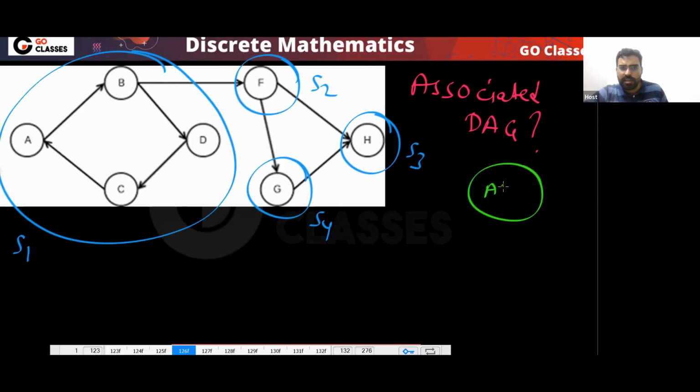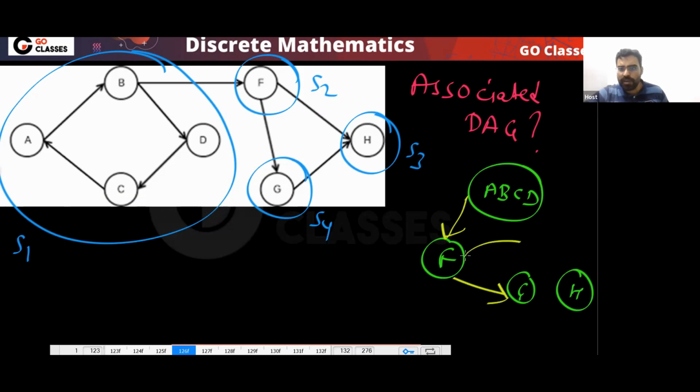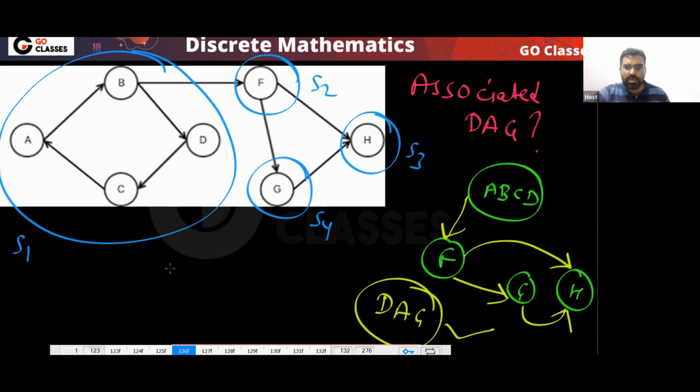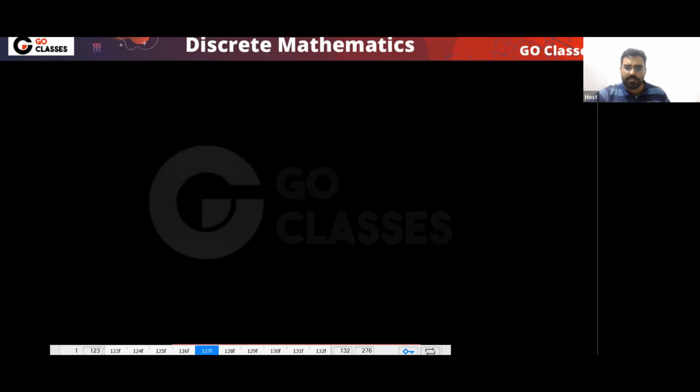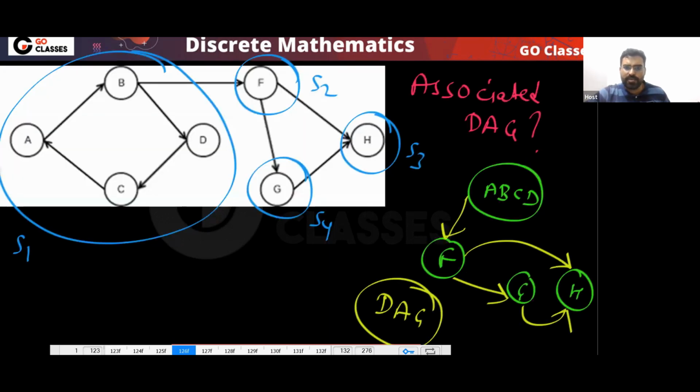That will be like this: A, B, C, D, there will be F, there will be G, there will be H. There is an edge from this to F, from F to G, from F to H, and also from G to H. Can you notice this is also a directed acyclic graph? Is this clear to everyone? This is the associated DAG.